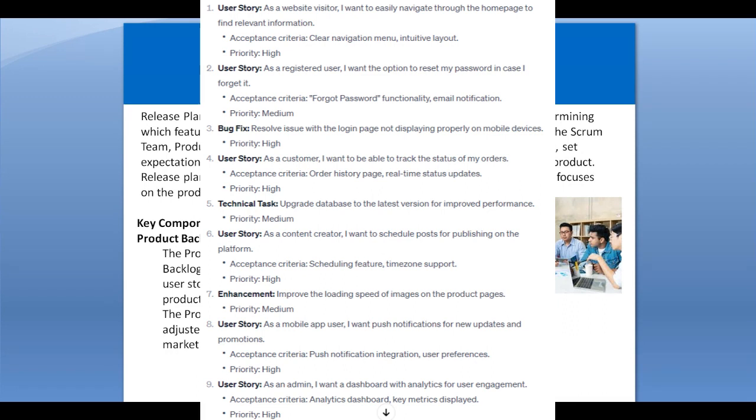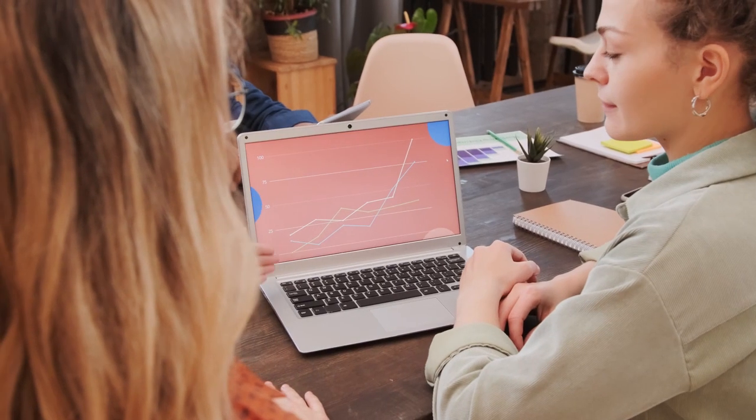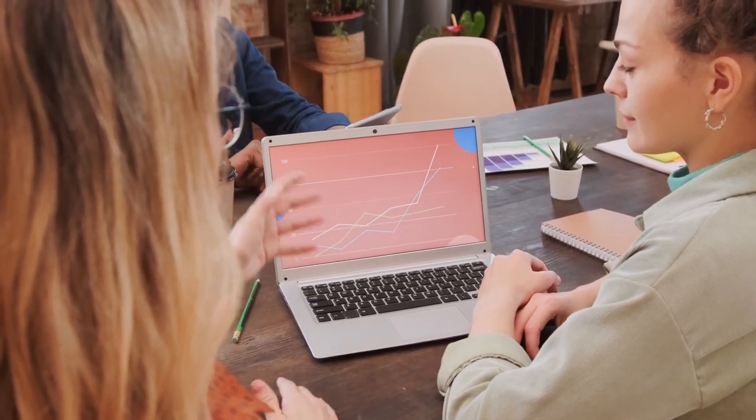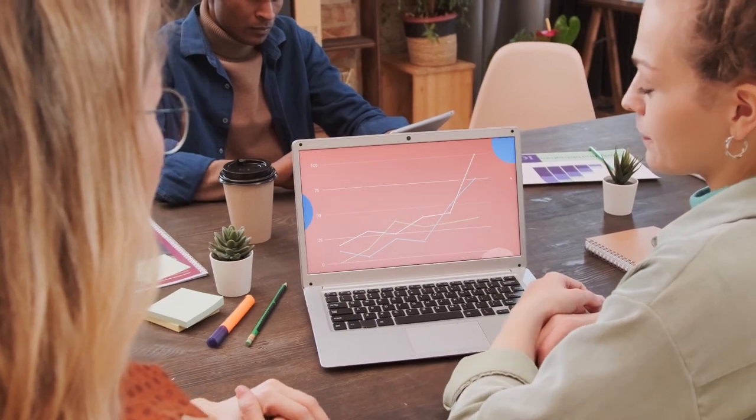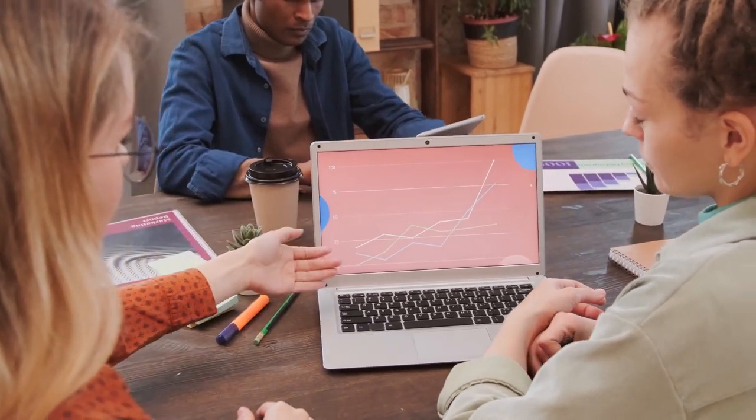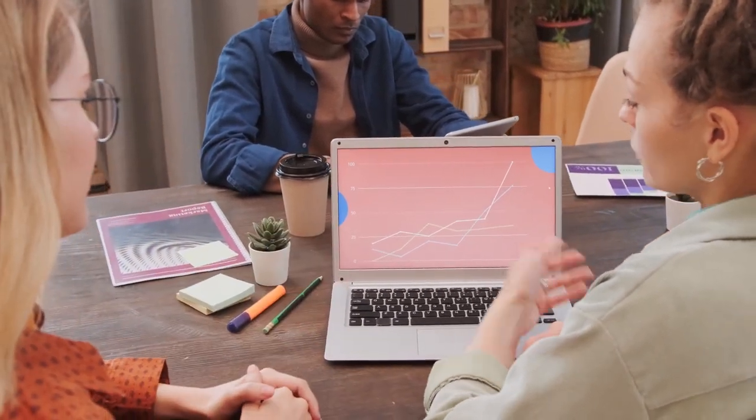It is a dynamic list of features, enhancements, bugs and user stories that represent the work to be done on the product. So the product backlog is continuously refined and adjusted based on feedback, changing priorities and market demands as well. The product owner is the person who maintains the product backlog.